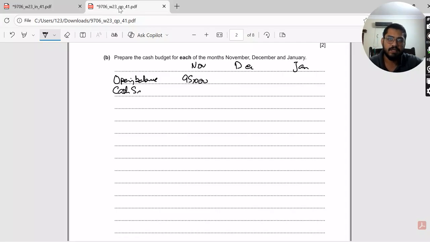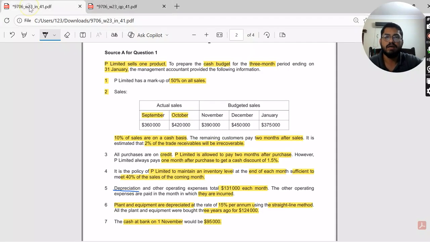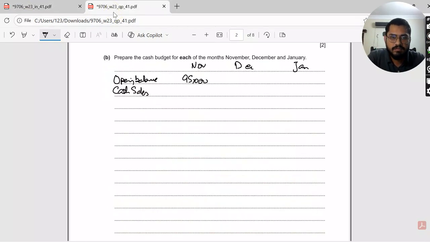So we have cash sales, and for 10% of each month, we have 39,000 in the month of November, 45,000 in the month of December and 37,500 in the month of January.